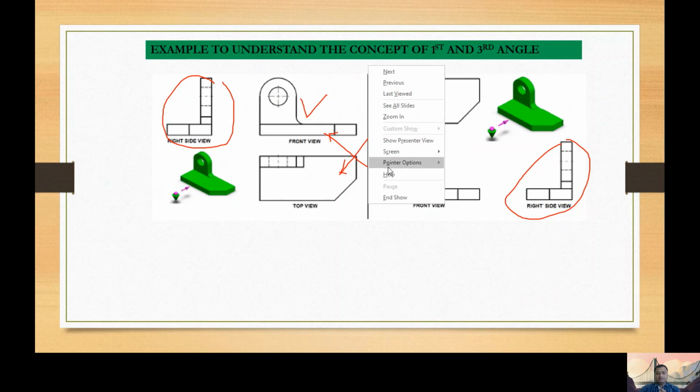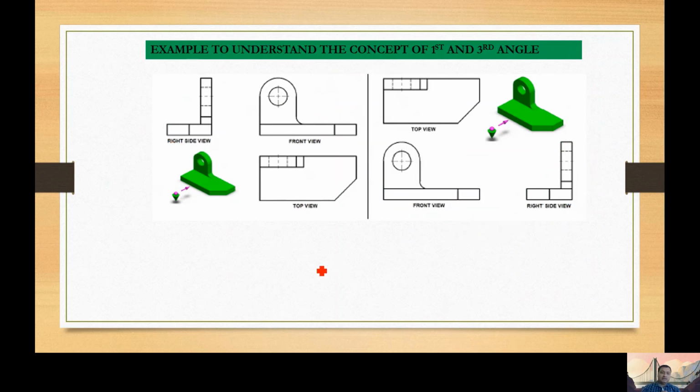So this is the basic difference between the first angle and the third angle: how the views are placed, how the views are located. We have to work either in the first angle or in the third angle. I already told you that we will be focusing on this part. Our front view will be above and the top view will be below, because we are going to deal with the first angle in the upcoming lectures.